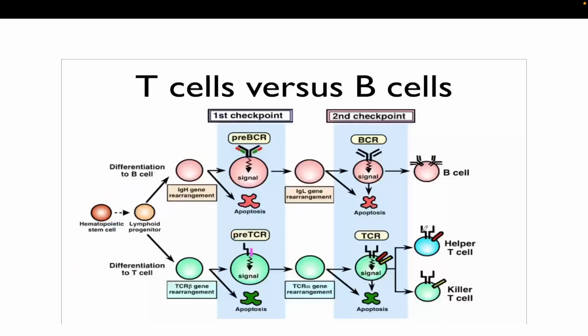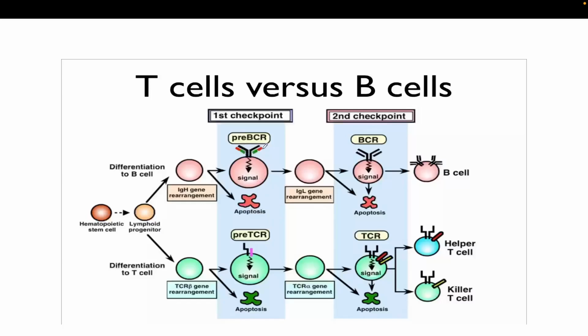So this is the brief of both the cell developments. This is the hematopoietic stem cell, then it will be converted into the lymphoid progenitor cell, and if it is differentiating into B cell, then firstly the immunoglobulin heavy chain rearrangement will take place, and it is called the pre-BCR. Here you can see that the surrogate light chain also starts to be produced, and if it is not produced, then it will go for apoptosis.